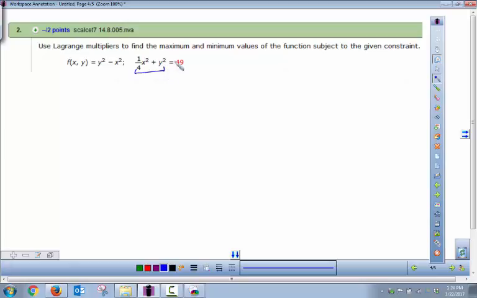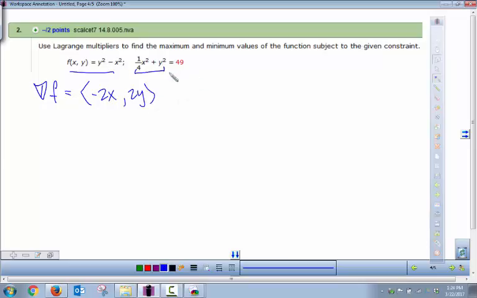So we will assume that our constraint is going to be our g function, and our f function is going to be our f function. So for f, I'm going to call it the gradient, and just write a vector out of this. It's going to be negative 2x comma 2y, and then your g is going to be... wait, wouldn't it be the other way around?